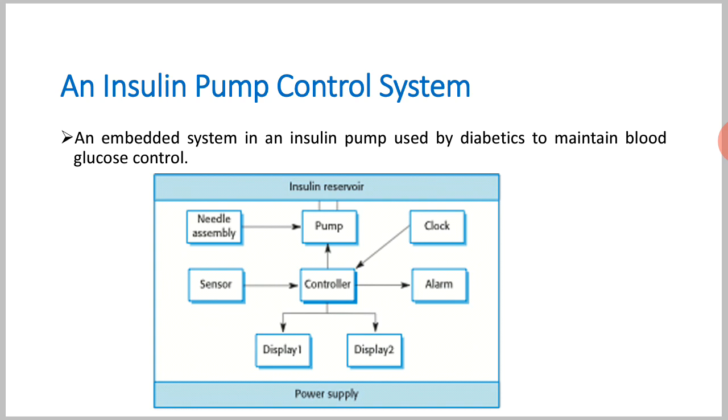On a regular basis, monthly or every 15 days, he approaches the doctor. His blood sample is taken, his sugar level is measured, and it is compared with his previous readings kept as records in his file. Based on that the doctor decides how much insulin is to be delivered to that particular patient to control the sugar.